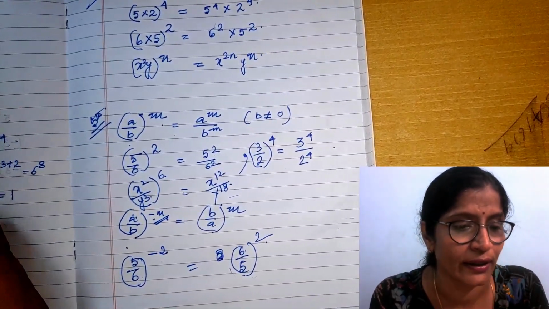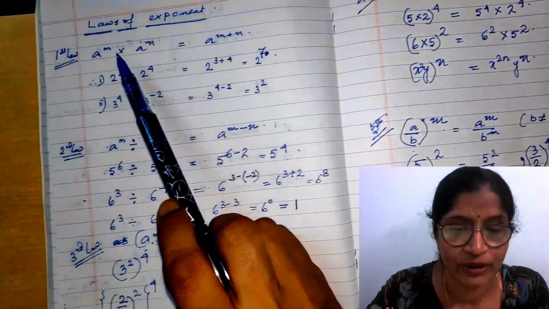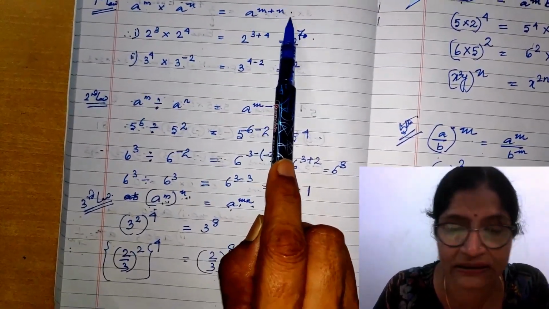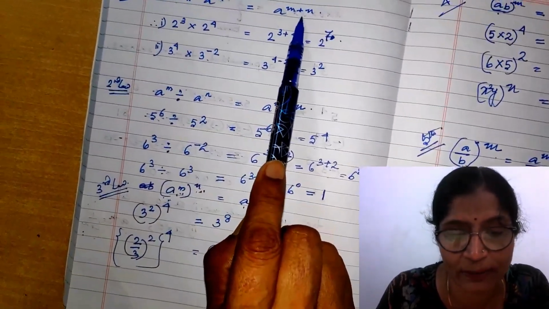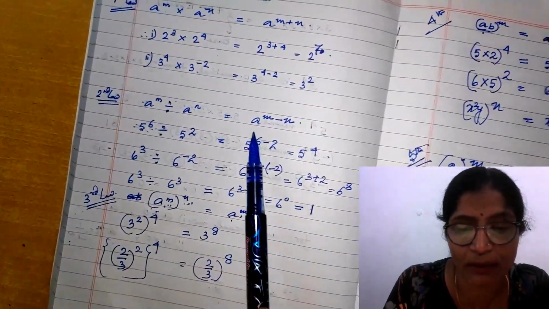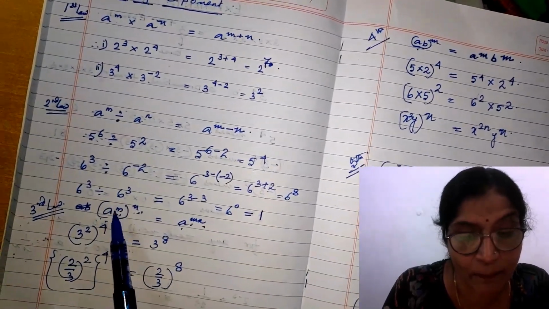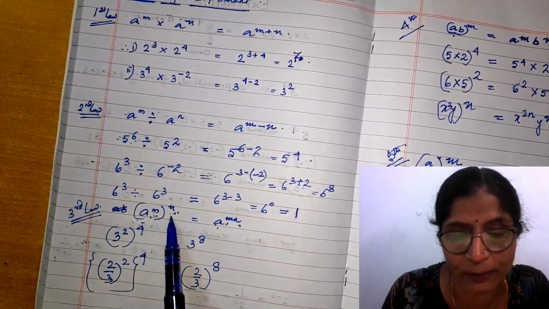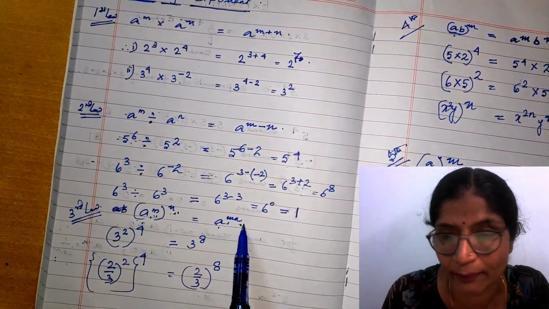First is that a^m into a^n will be equal to a^(m+n). Means in multiplication powers will be added, when it is division powers will be subtracted, and power to the power will be multiplied. (a^m)^n will be equal to a^(mn).